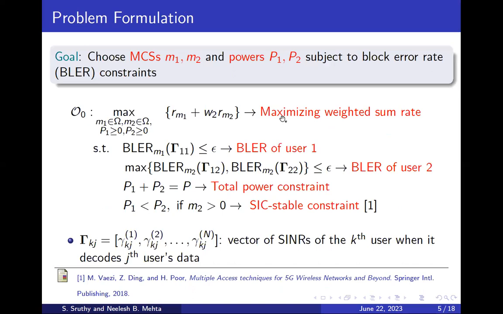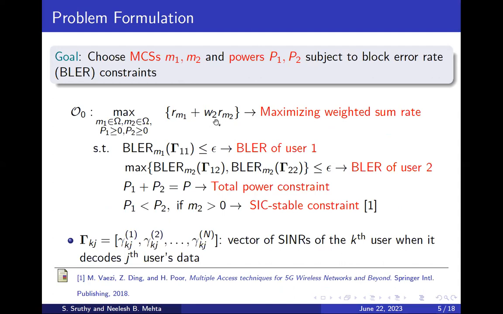So our goal is to choose the MCSs M1, M2 and powers P1, P2 subject to block error rate constraints of the two users. To achieve that, we formulate our problem as maximization of the weighted sum rate. Here, W2 is the weight given to the far user.